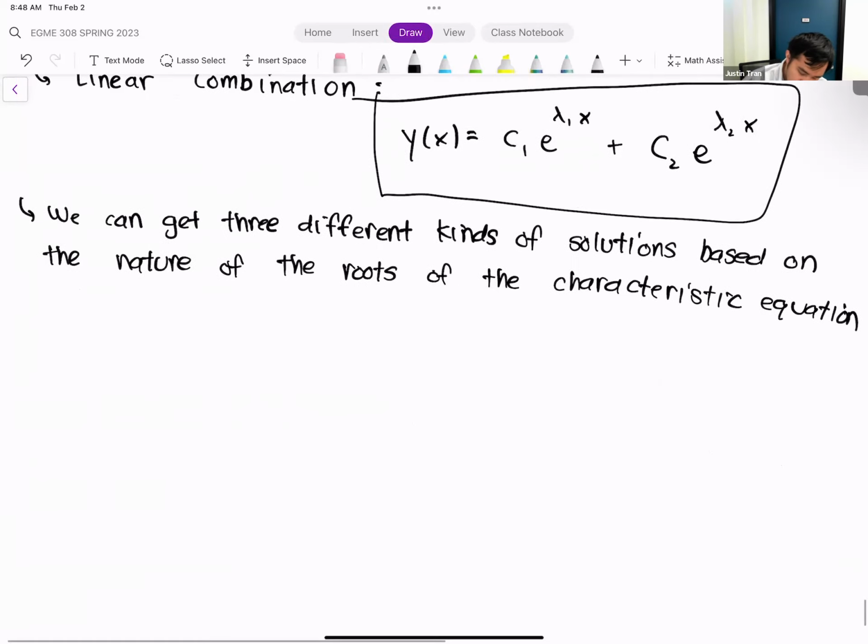We're going to go over all 3 because each of them has a distinct form of the solution.